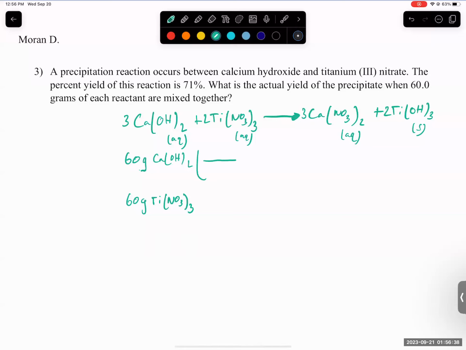So what's the molar mass of calcium hydroxide? 74. Are there any decimal points after that or no? Always include the decimal points for optimal accuracy.